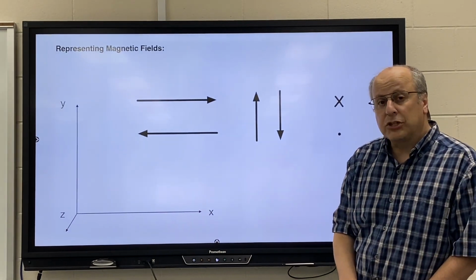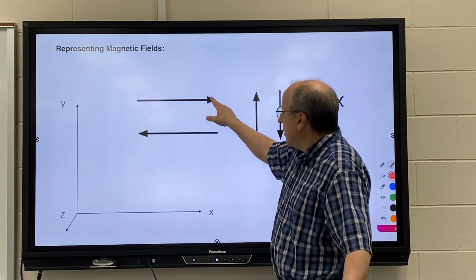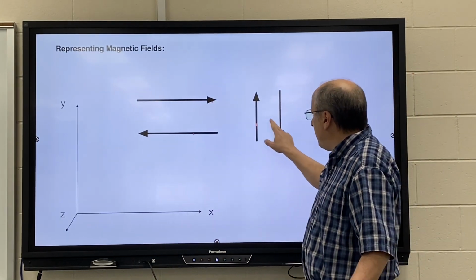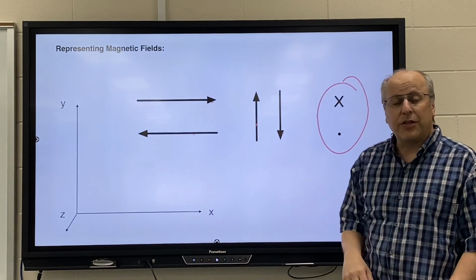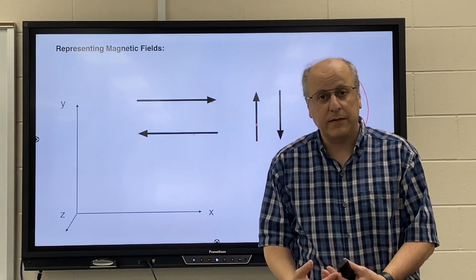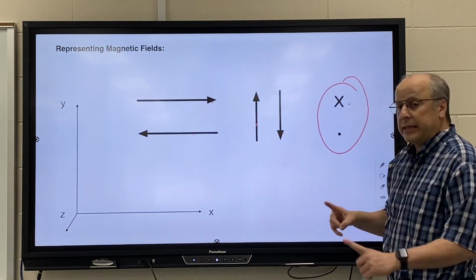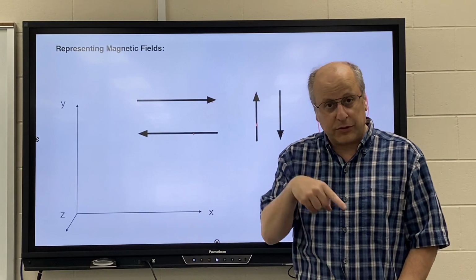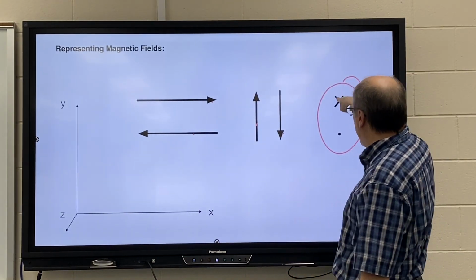And when we are actually drawing arrows, right, left, up, down, easy. Here's how you represent the 3rd dimension using vectors, using these arrows. The X is like the back of the arrow, like where the feathers are. This represents when something is going away from you.